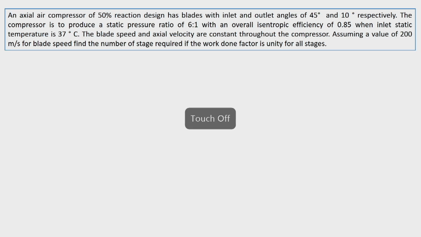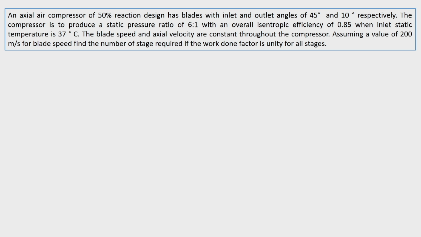We will move to the next example, which reads that an axial flow compressor of 50% reaction design has blades with inlet and outlet angles as 45 degrees and 10 degrees respectively. The compressor is to produce a static pressure ratio of 6:1 with an overall isentropic efficiency of 0.85 when inlet static temperature is 37 degrees Celsius.